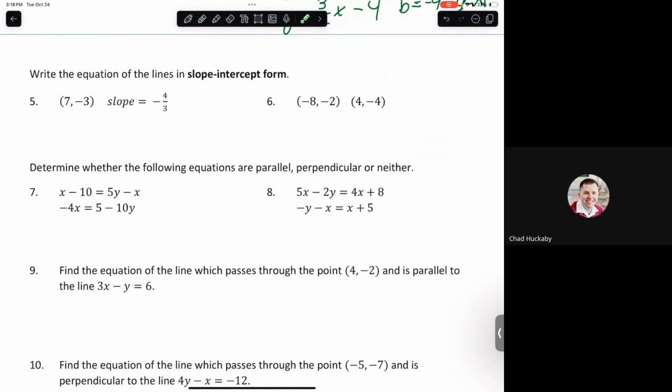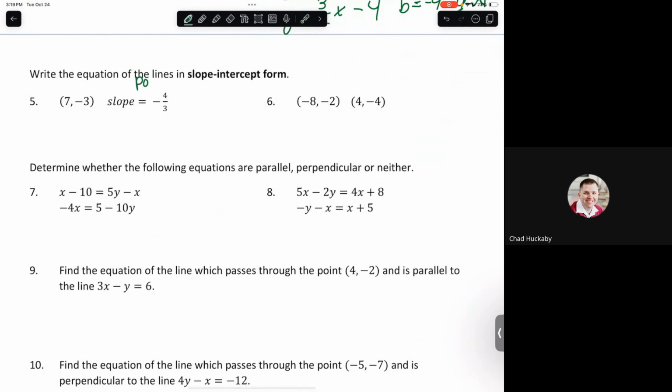If we're given a point and the slope, what form of the line do we have to start with?